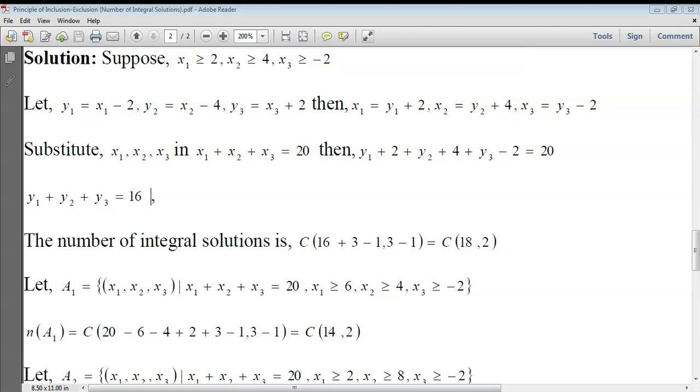So the required answer is the number of solutions with the conditions x1 between 2 and 5, x2 between 4 and 7, x3 between -2 and 9.